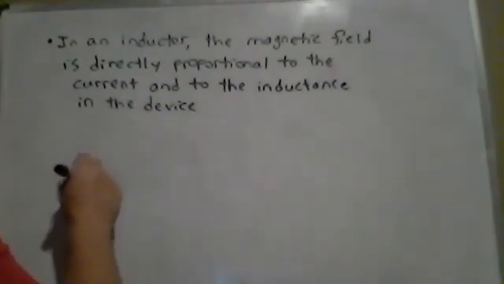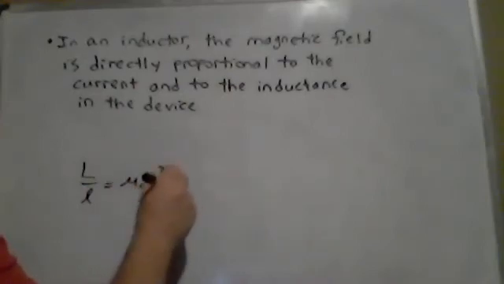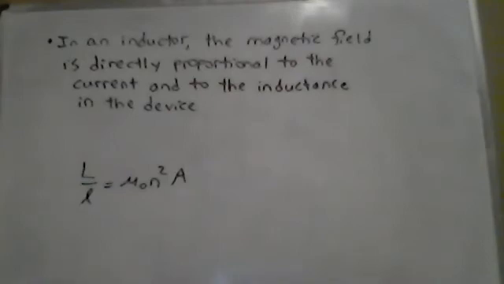Again, going back to the solenoid, L over l is mu naught N squared A. And so we know that there's going to be a relationship with inductance as well. Actually, what was the formula again?